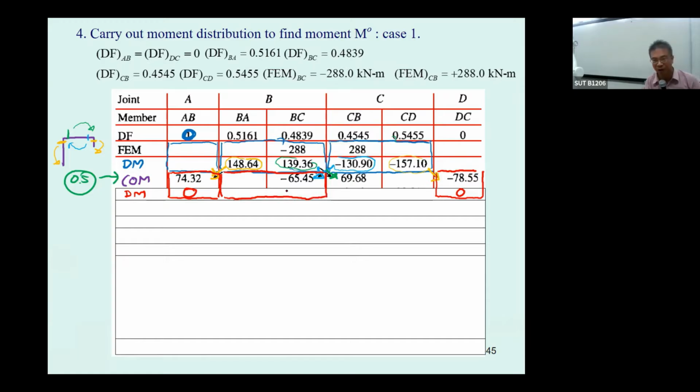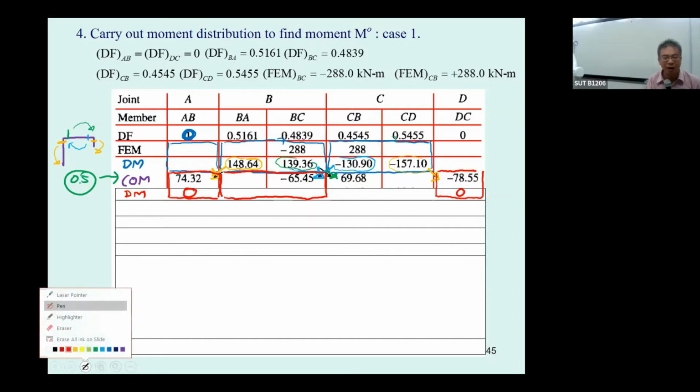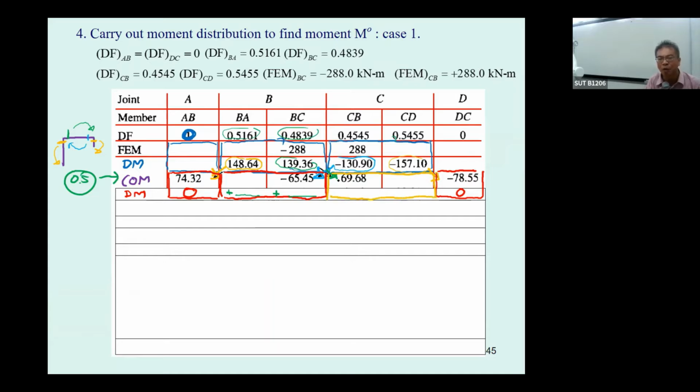Next, we come to this one. The joint B is subjected to unbalanced moment, and since the unbalanced moment is negative, it requires positive 65.45. Positive 65.45 times this one, you get this value, times this one, you get this value. Then you move a little more to this portion, and if you notice, this one has the positive, so to balance it you need to get negative here and negative here.